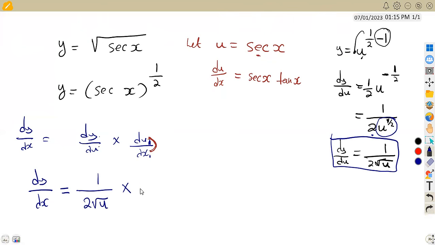So this is the one that you're going to use. So we're going to have sec x tan x.